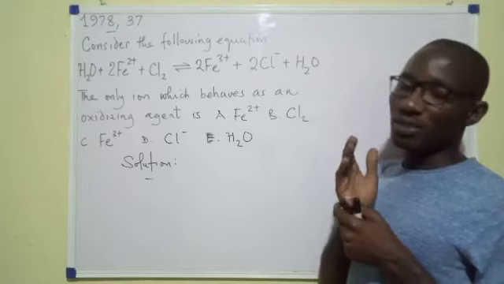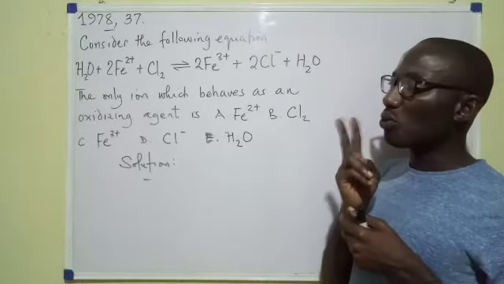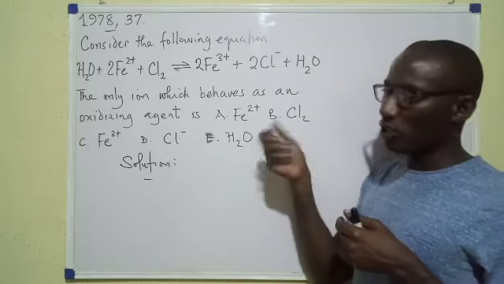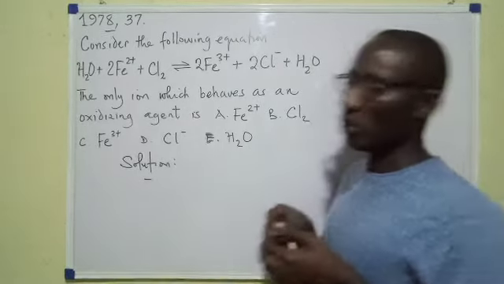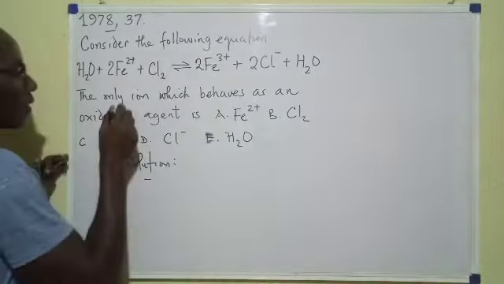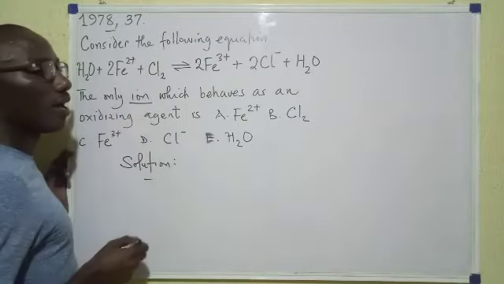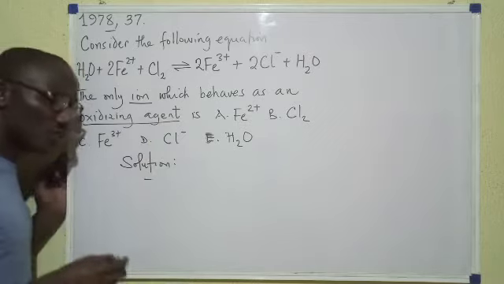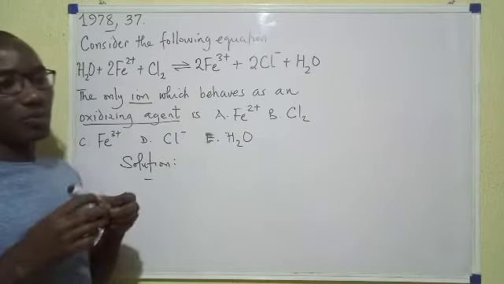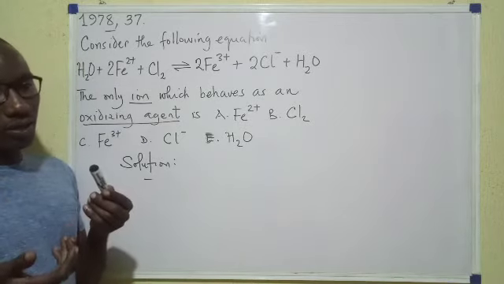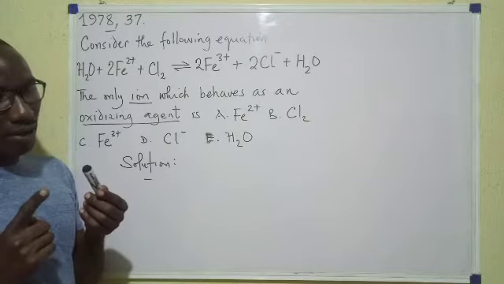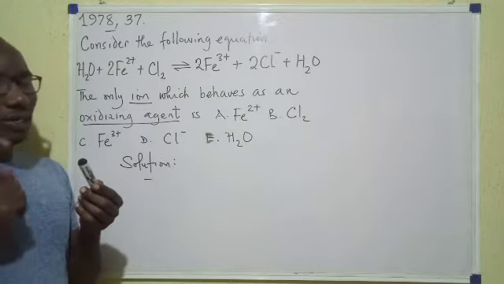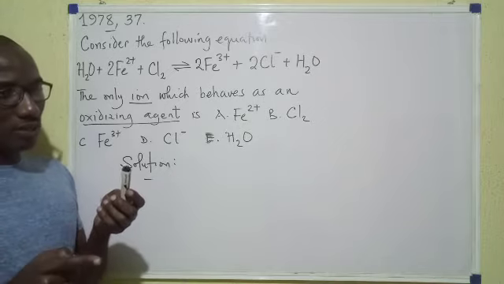Now, to answer this question, there are two things that we are going to pick from the main stem of the question, which are ion and oxidizing agent. It means therefore that what we are looking for would definitely be an ion, and that ion we are looking for must be an oxidizing agent.